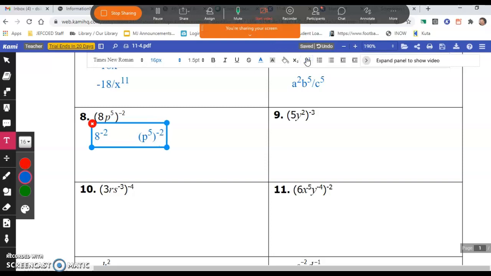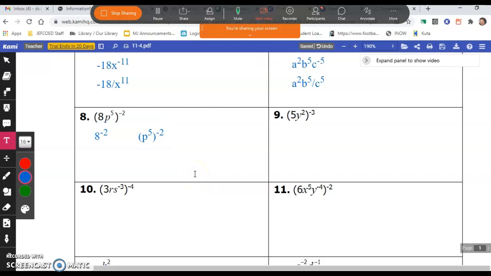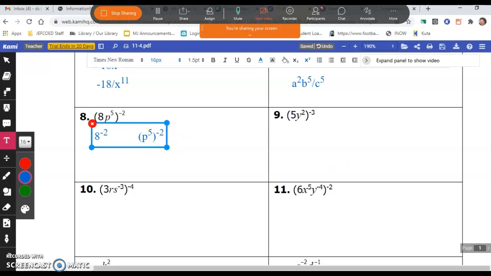Okay? All right. I just hit the space bar so you can see that I was splitting those into 2 pieces, because the 8 is being raised to the negative 2 and the p to the 5th is being raised to the negative 2 because it's everything inside parentheses. Okay? All right. So now I'm simply going to come below it and rewrite it again.